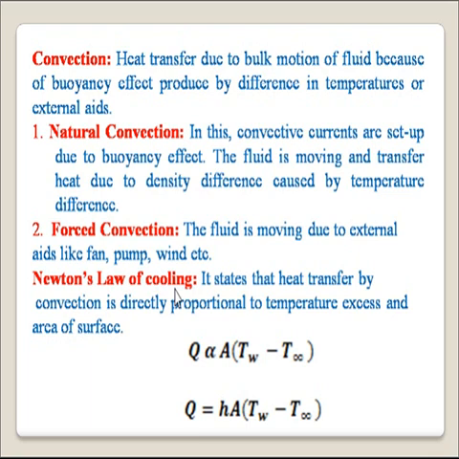Convection is of two types, natural convection and forced convection. In natural convection, convective currents are set up due to buoyancy effect, which is created due to density difference, and density difference is caused due to temperature difference between the surface and fluid.